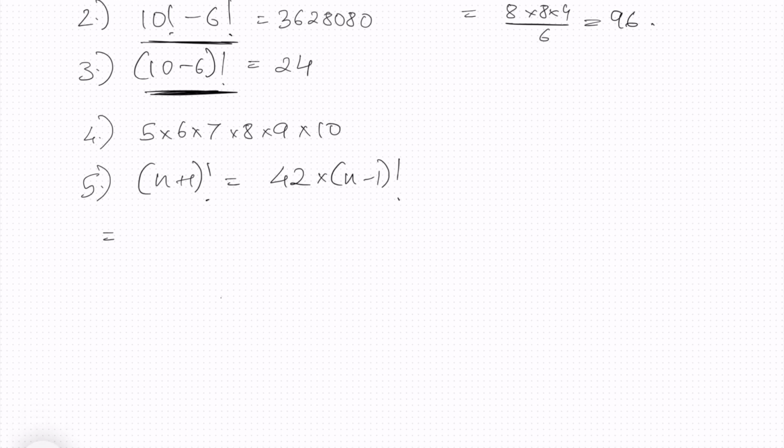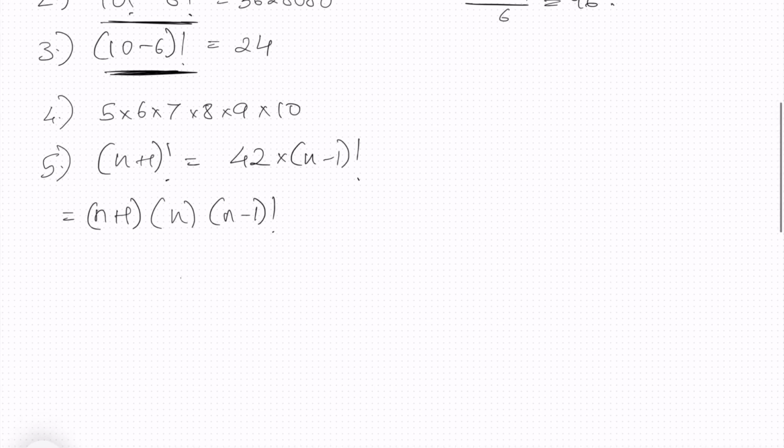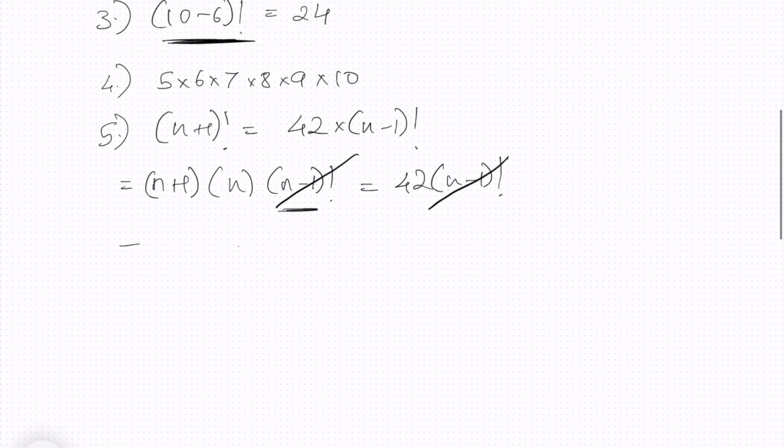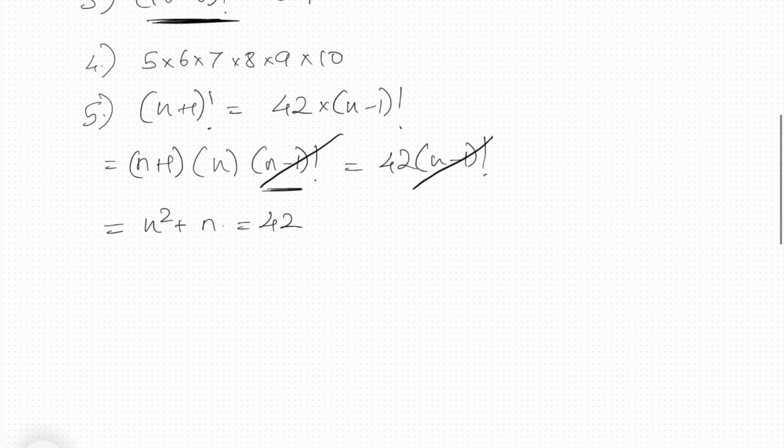Okay, so using the property which we defined before, we can write this as n plus 1 into n factorial, n plus 1 minus 1 is n. Sorry, n plus 1 minus 2 is n minus 1. So we can write this as n minus 1 factorial into n plus 1 equal to 42 into n minus 1 factorial. Cancelling this term, this is n square plus n equals 42.